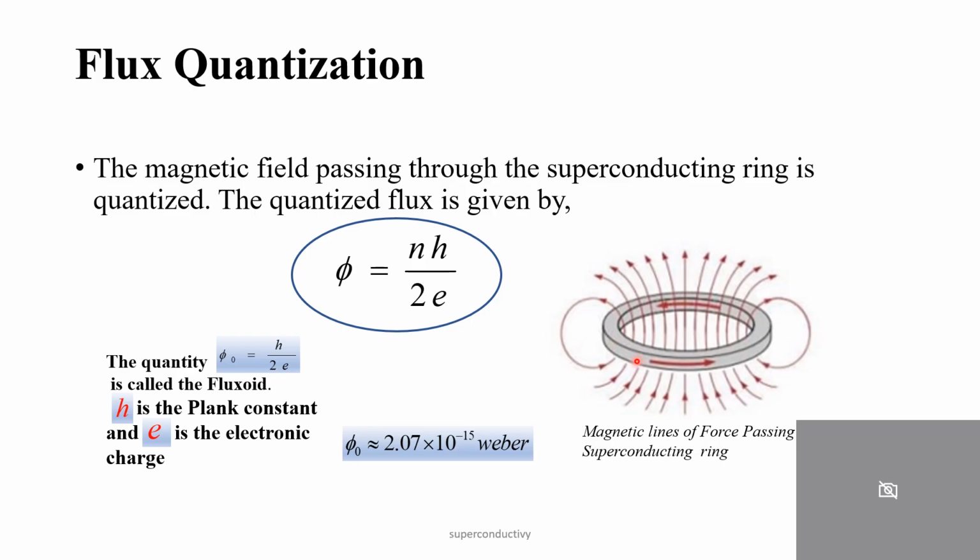Flux quantization means when the magnetic lines of field pass through a superconducting ring, the magnetic field becomes quantized. This phenomenon is called flux quantization, and the quantum of flux is h by 2e, that is the fluxoid.